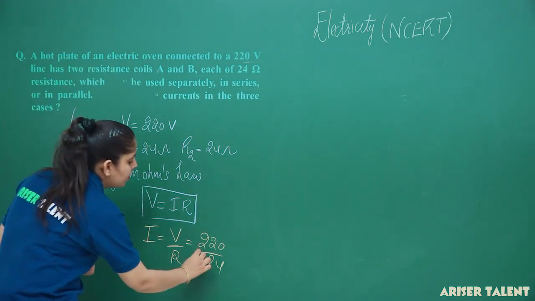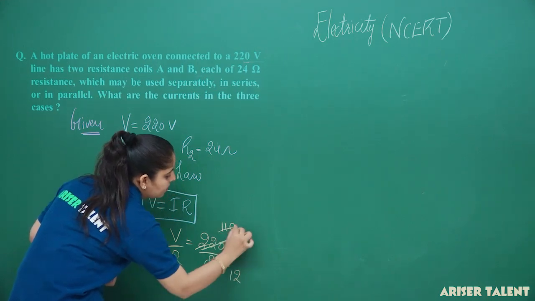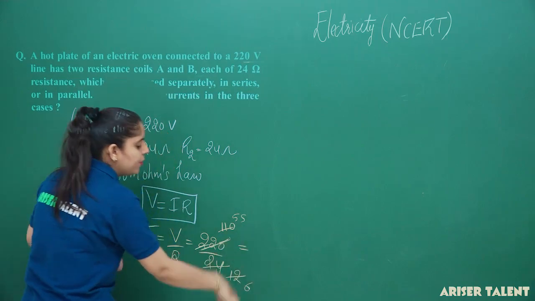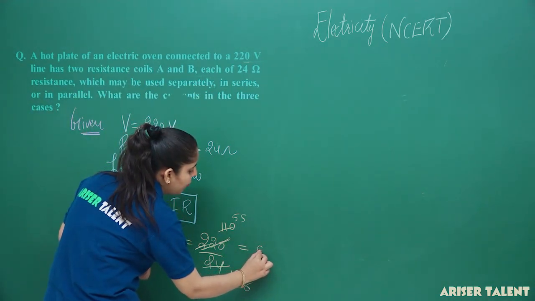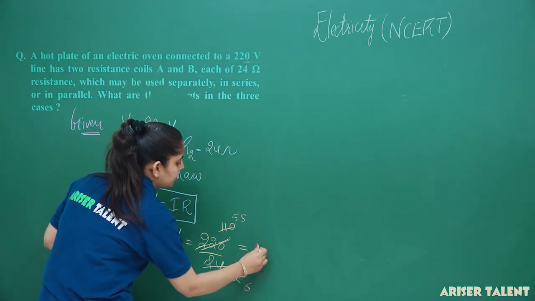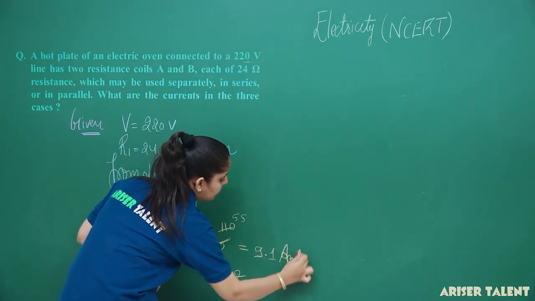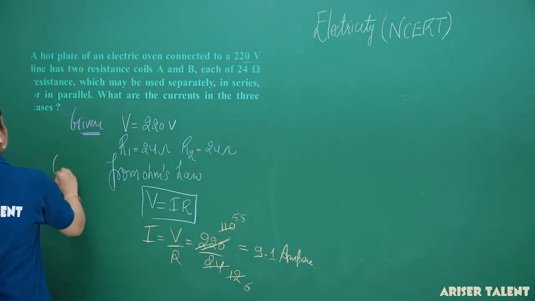On solving, we get 55 upon 6, which is almost equal to 9.1 ampere. So this is the simple case, our case 1.